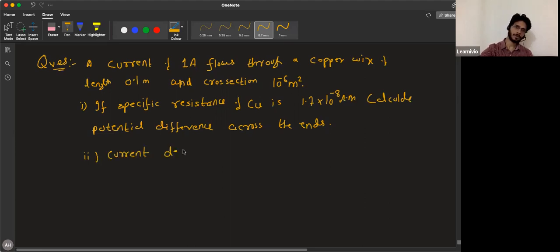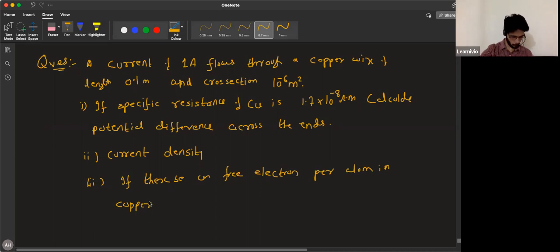Third part: if there is one free electron per atom in copper, then calculate drift velocity.